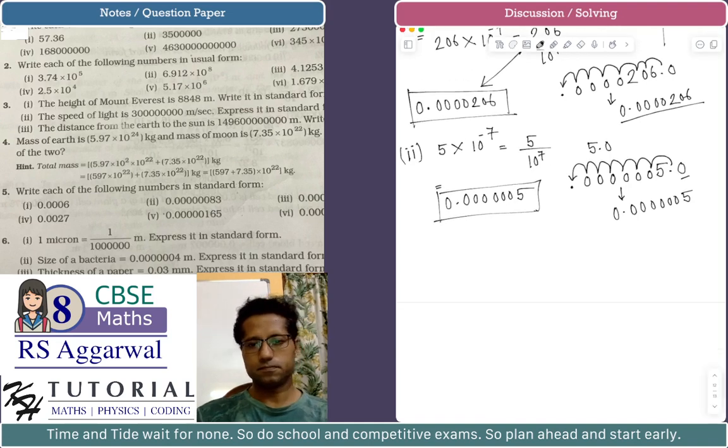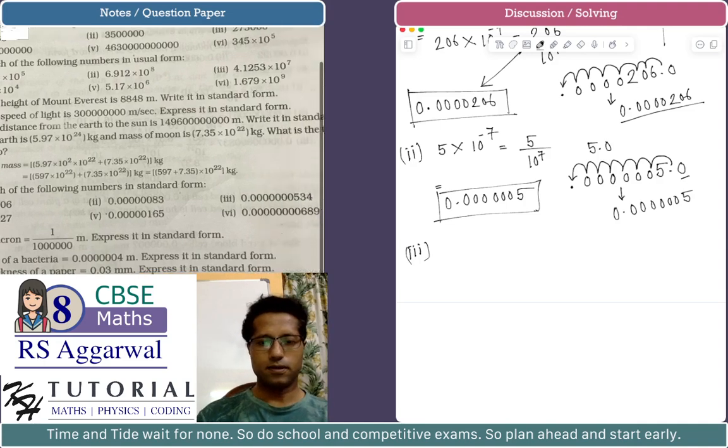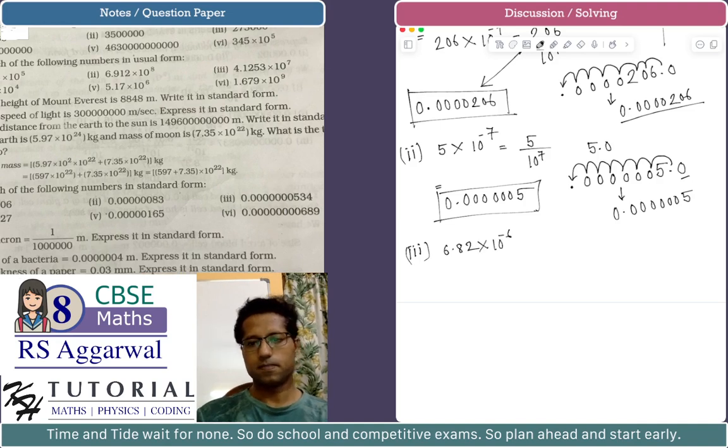Part 3, 6.82 multiplied by 10 to the power minus 6. So this is nothing but dividing 6.82 by 10 to the power 6. The number in the numerator is 6.82.